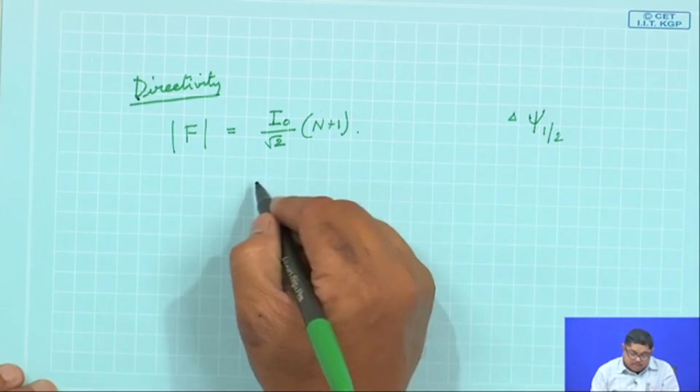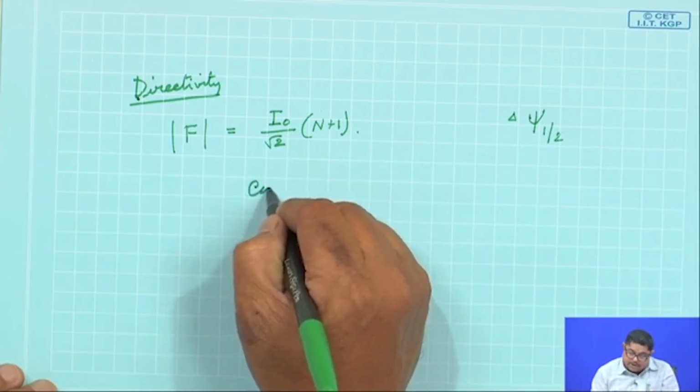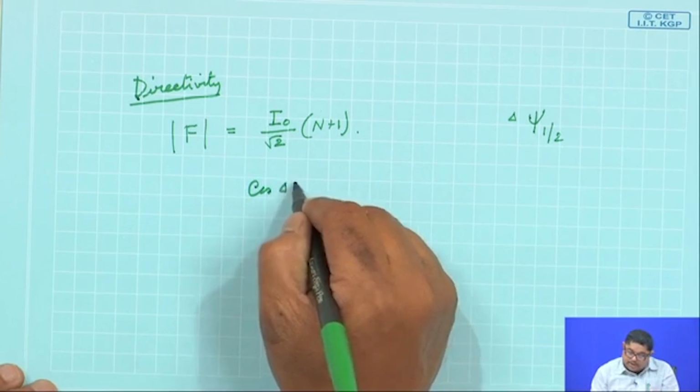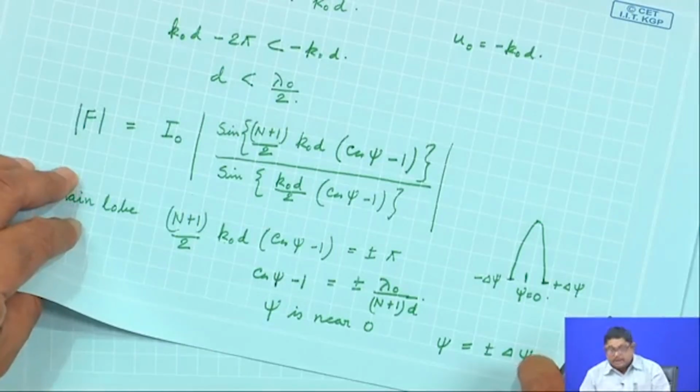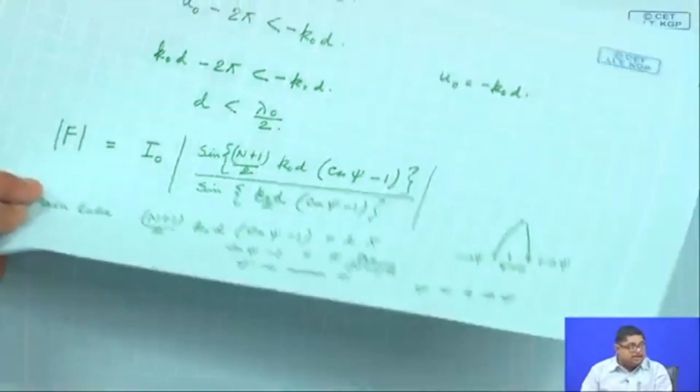So, here we will take several approximations. One is, we have already taken that, since for null to null delta psi was small, delta psi half will be further small.